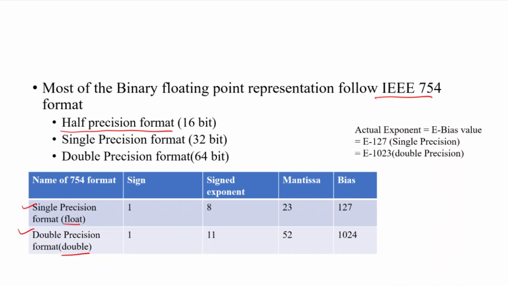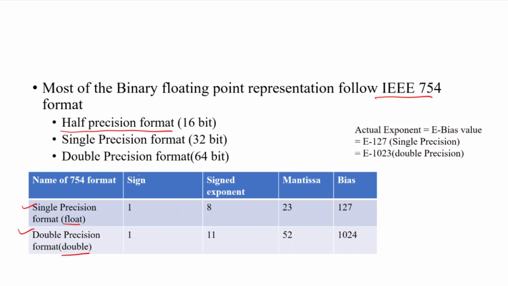Out of 32 bits, how many bits are used for what? Because a floating point number consists of three things: one is the sign, another is the exponent, and the rest is the mantissa. Generally we use implicit normalization to represent a floating point number. So first we normalize the number using implicit normalization, and then we use the IEEE 754 format, either single precision or double precision.